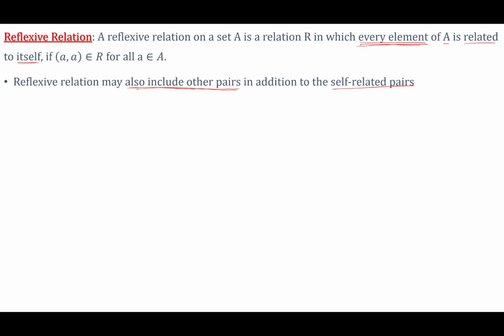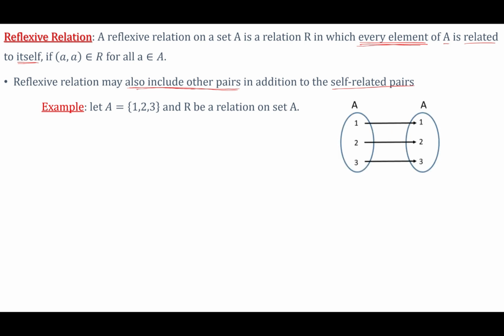Let us define a set, and then in that set we will talk about what is a reflexive relation. Let us have an example. A set A has 3 elements, 1, 2, 3, and a relation R on set A. So this is the mandatory part, each element connected with itself.